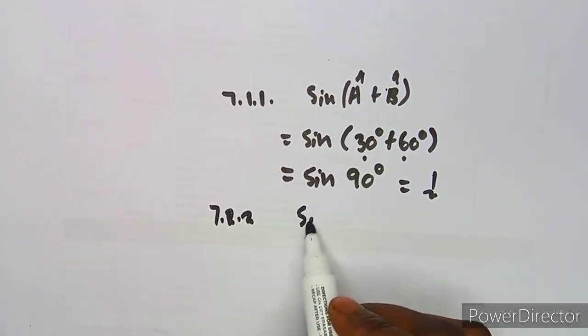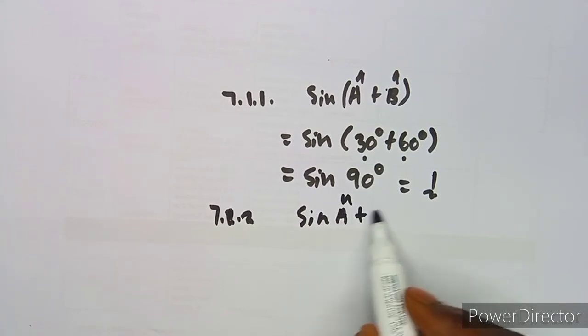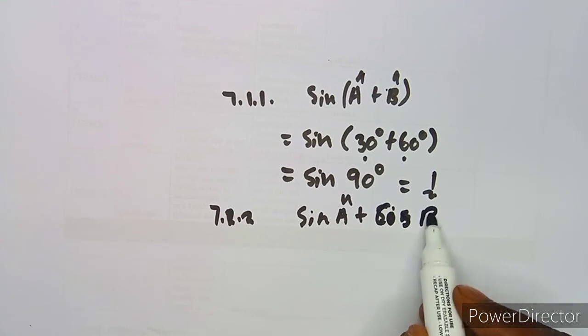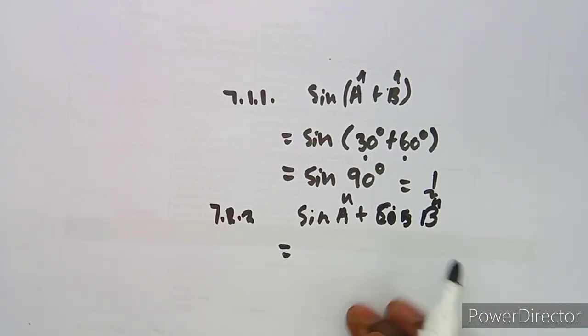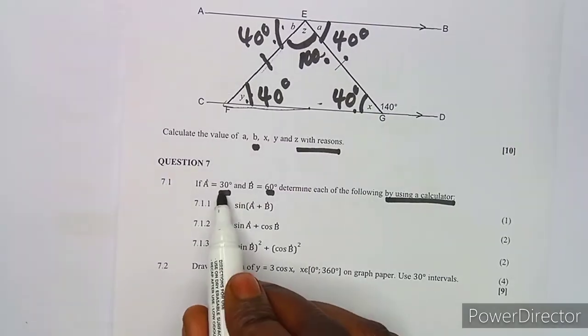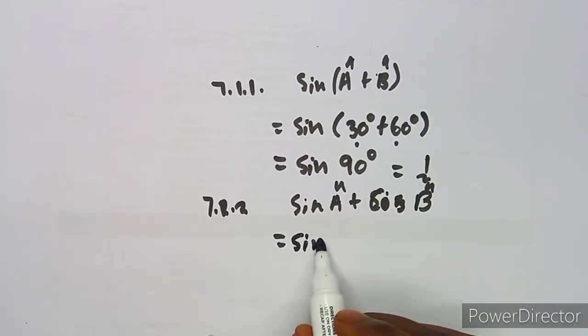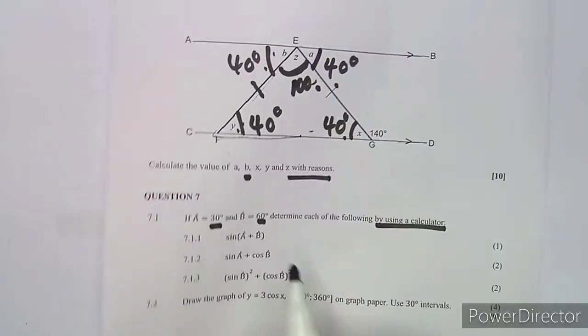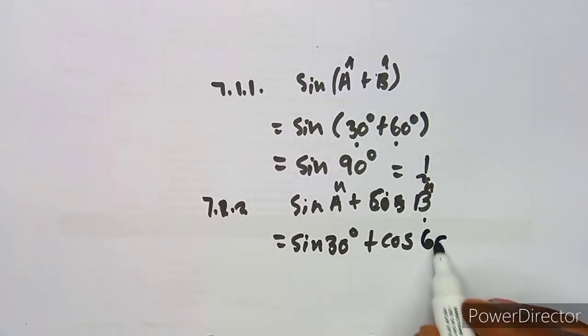Then on 7.12, it's sine A plus cos B. So let us say sine A. Remember, angle A is 30 degrees. Whenever you see A, you see 30 degrees. So it's going to be sine 30 degrees plus cos B. Our B is 60 degrees, so it's cos 60 degrees.